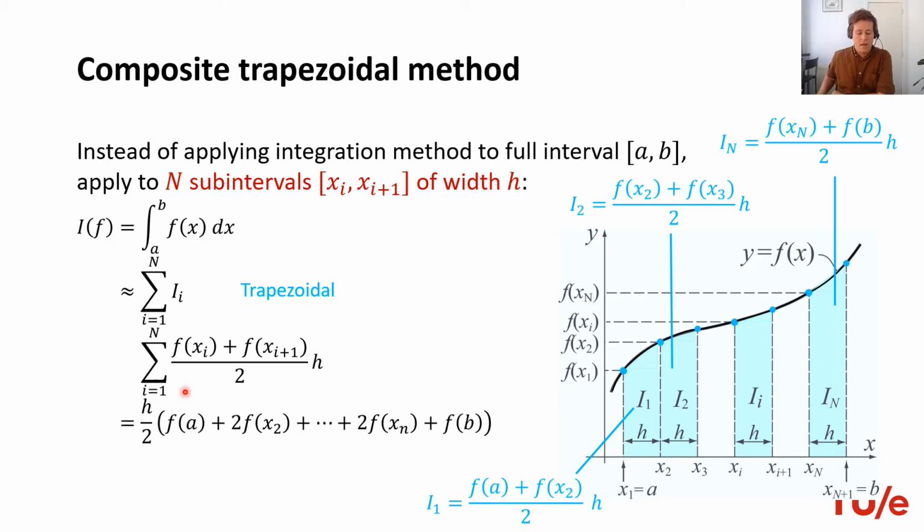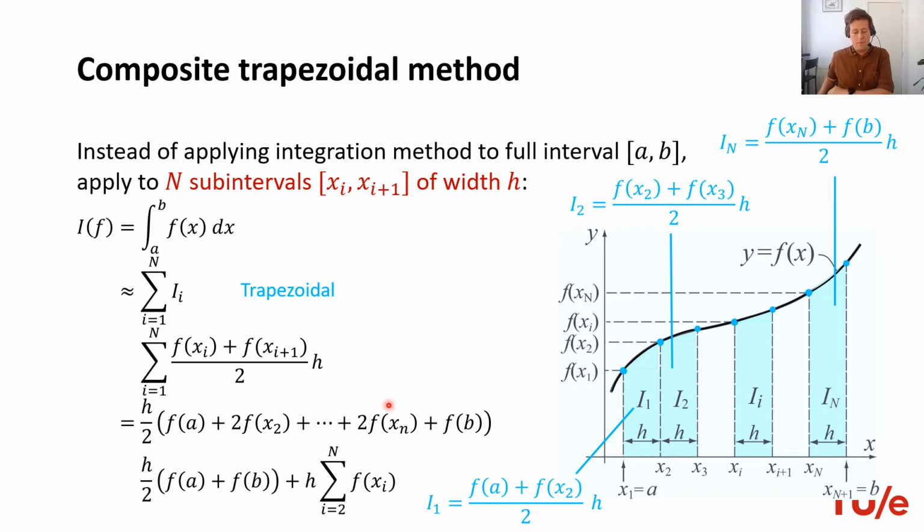So you can write this out, and you find that except for the endpoints, f at a and f at b, all the other function evaluations, from x2 to xn, come up twice.